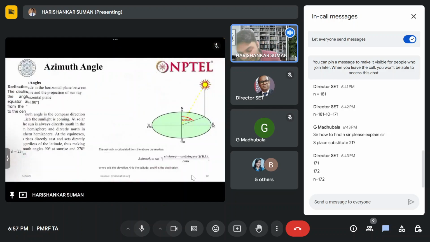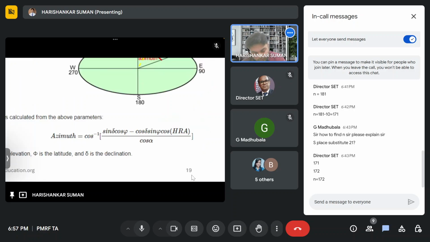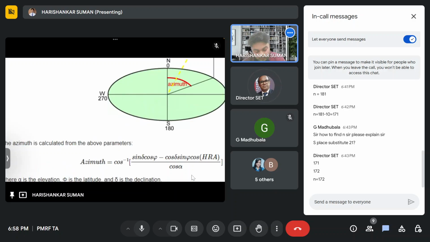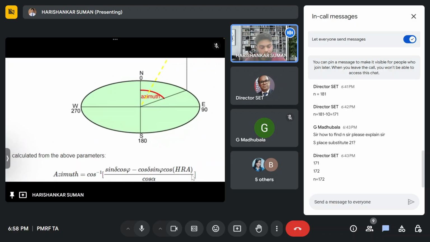Like that we have an azimuth angle also. What is this? How can we measure it? Are you able to see this? Our Earth has North Pole, South Pole, East and West.